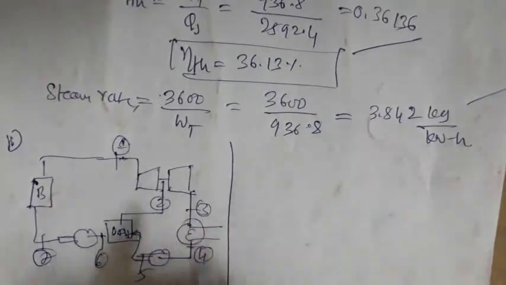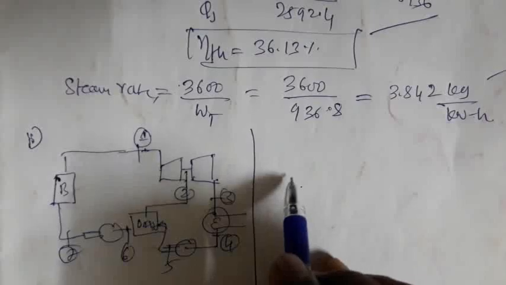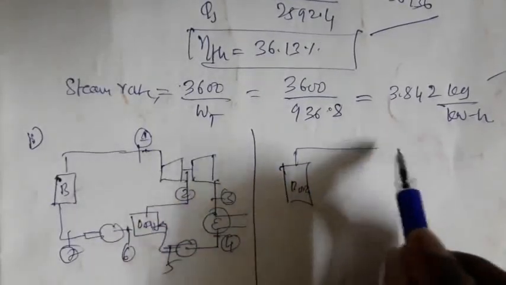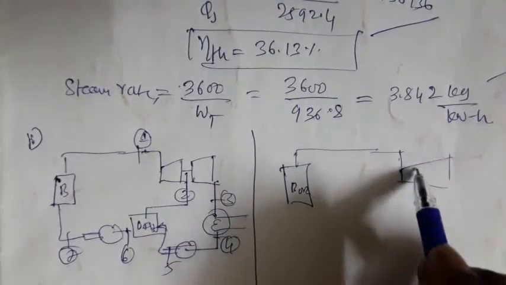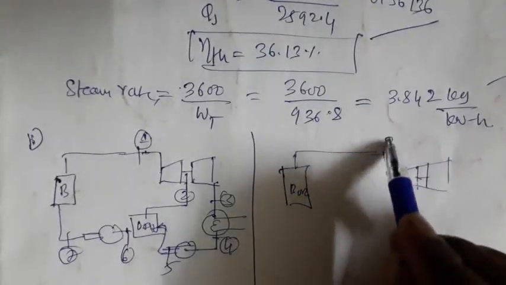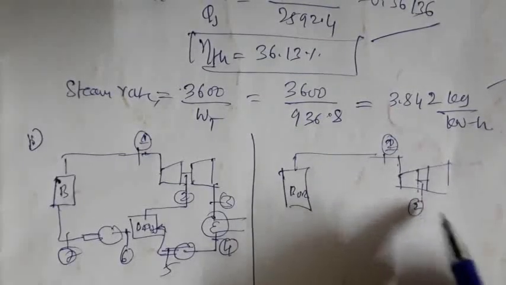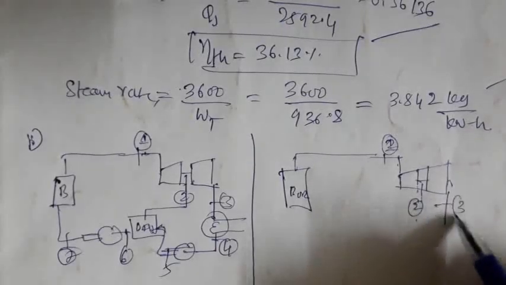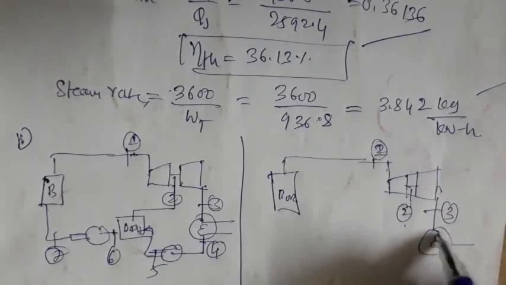Now the same cycle is to be modified as a simple Rankine cycle with the same notations. I have the boiler here. From this, steam expands in a steam turbine. I have state 1 at the inlet. Here I have state 2, but I am not taking it into any open feed water heater. So here I will take it as state 3. State 3 enters the condenser.